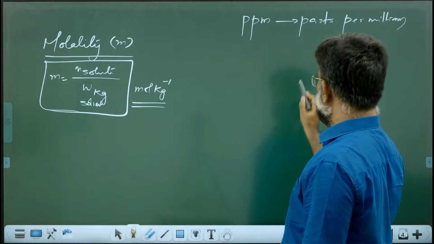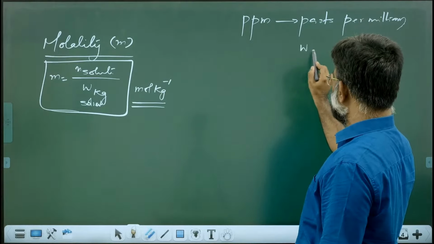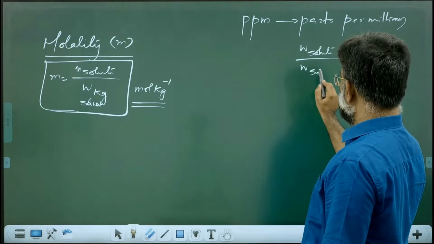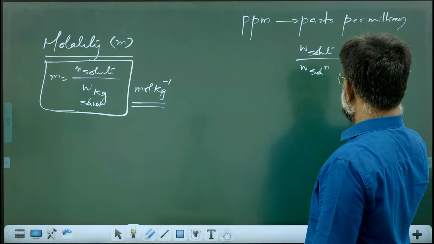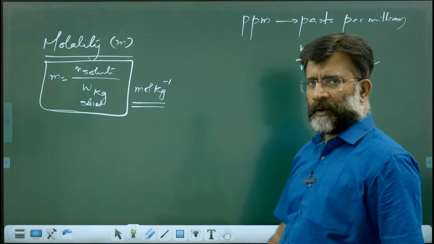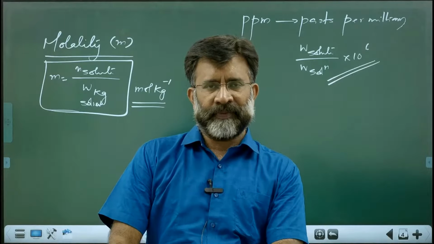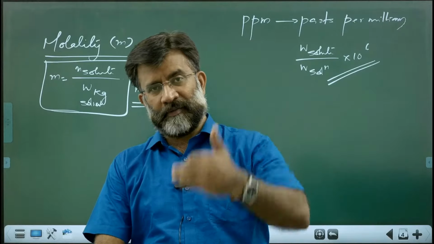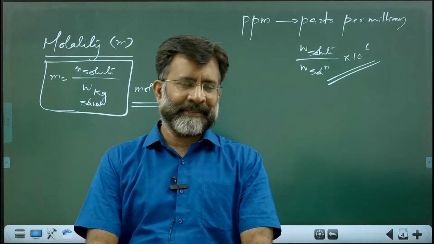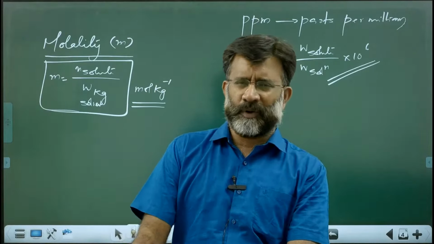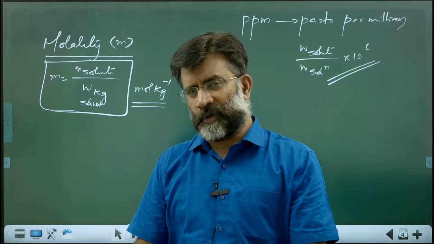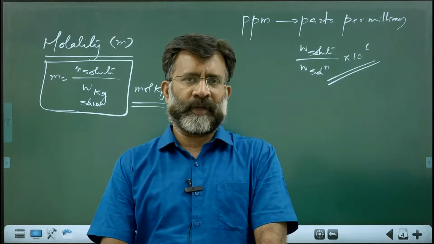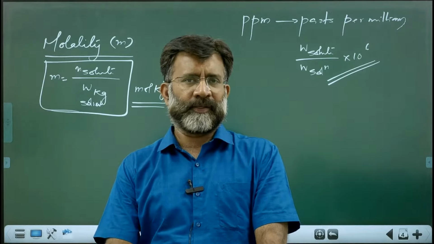So ppm can be understood as weight of solute by weight of solution into million. Not necessarily it is weight by weight of solution, it can be weight by weight of solvent. Because in this case, weight of solution and solvent is almost equal because quantity of solute is negligibly small. ppm we are using when the quantity of solute is trace amount in a solution.